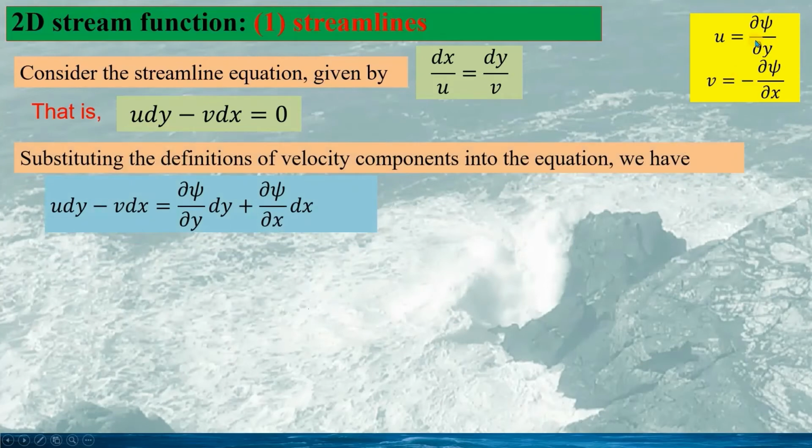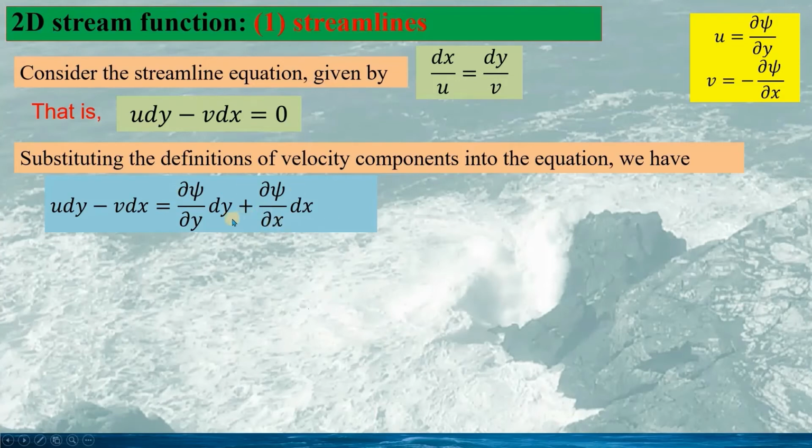If we substitute the definition of the velocity components into this equation, we have the expression as this. Here u is given as the partial differentiation of psi with regard to y, and minus v is the partial differentiation of psi with regard to x.